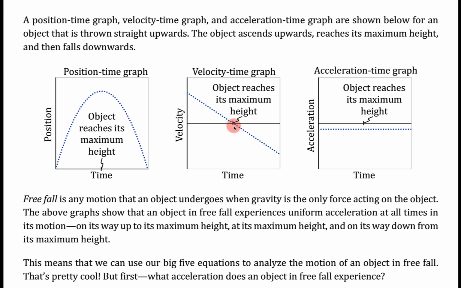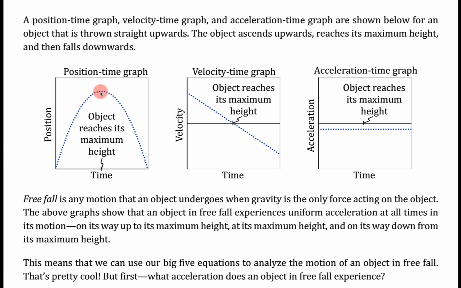This does make some sense if you think about it, right? If I throw an object upwards, it slows down and slows down and slows down until it reaches its maximum height. At the instant that it reaches that maximum height, it actually has a velocity of zero. And then, of course, after it has reached its maximum height, it then falls downwards.